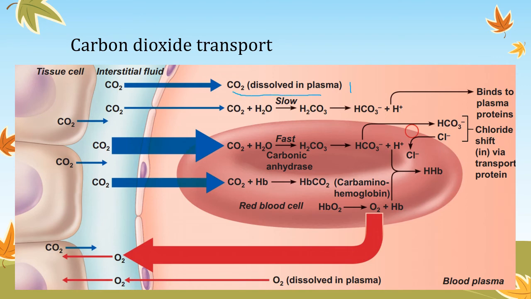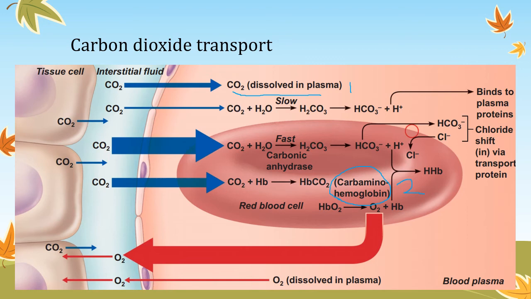This is the first method. Carbon dioxide, or any gases in particular, can get dissolved in the plasma. Secondly, it can also bind with hemoglobin and form carbaminohemoglobin. This is the second method of carbon dioxide transport.